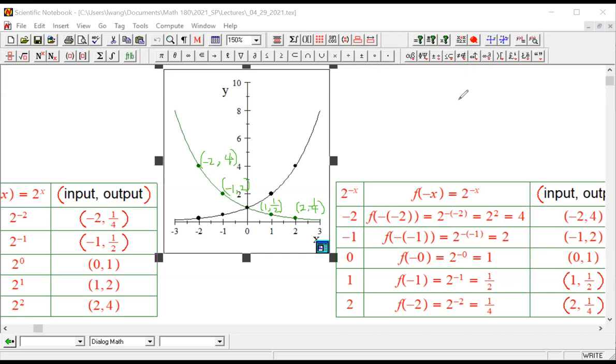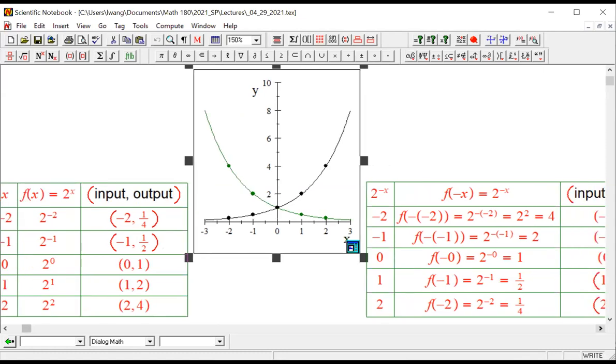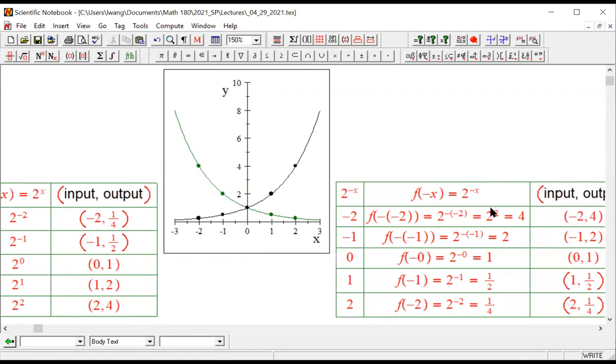Next, I want you guys to do e by your own hands. Before we do e, I do want to point out another algebraic manipulation. 2 to the power of -x is actually 2 to the power of -1, to the power of x.